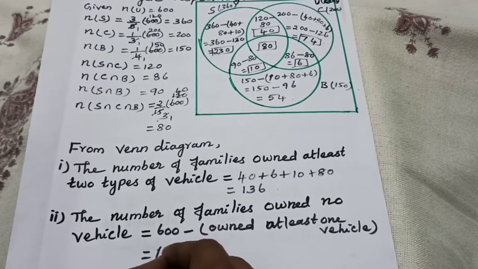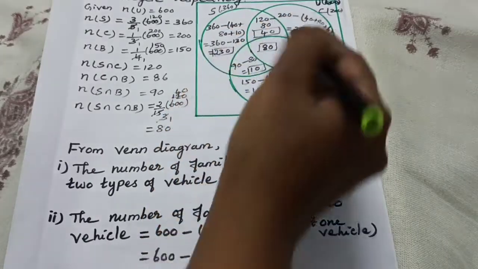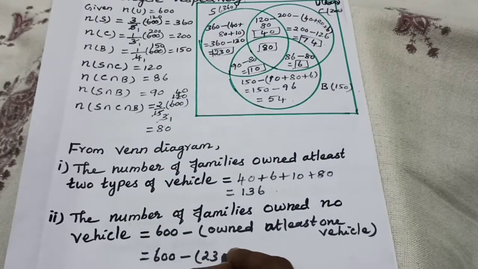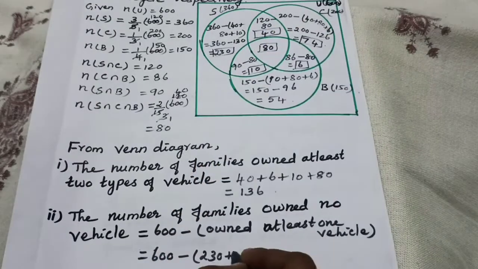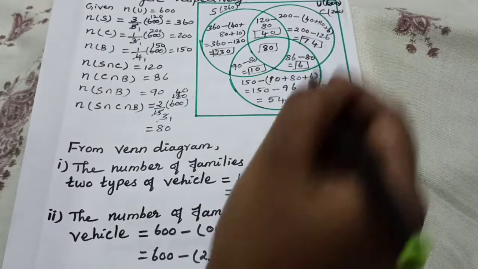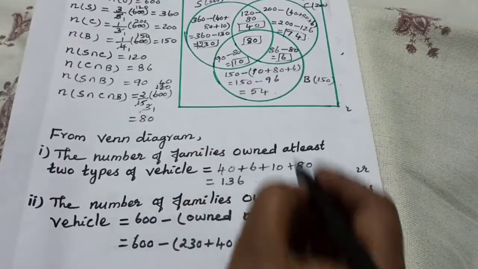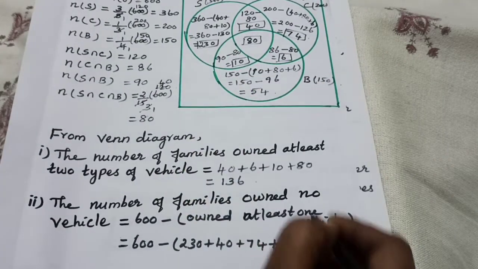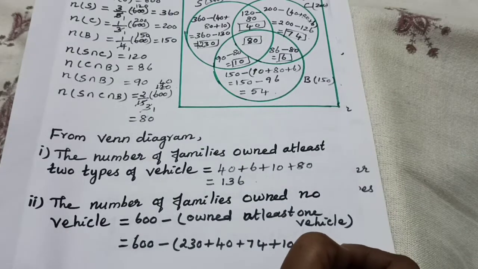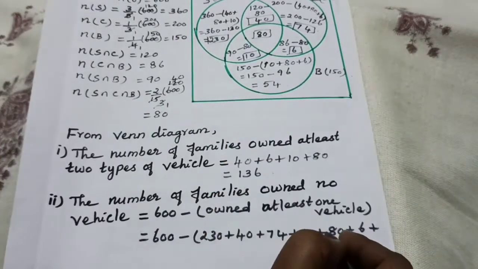Okay, then here 600 minus, then 1 by 1, say 230 plus 40 plus what? 75, no, 74, isn't it? 74, then this 10, 80 plus 6 plus this 54.